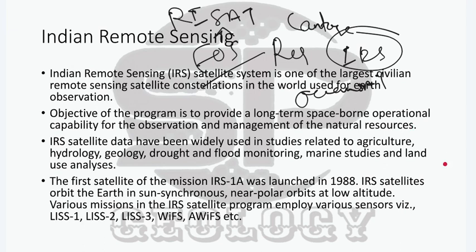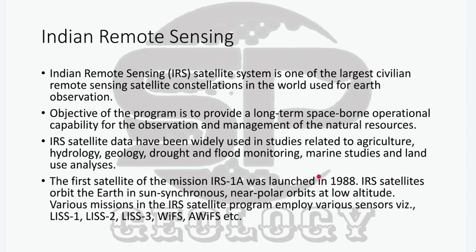Okay, so basically our main sensors are LISS-4 now. It is LISS-4. It is not written here. So the Indian remote sensing satellite started with 1988, IRS-1A, 1988. Okay, sun synchronous near polar orbit.